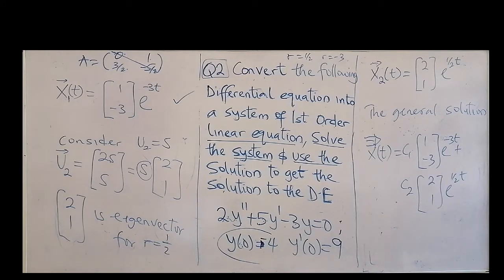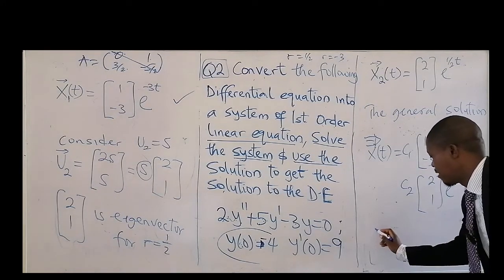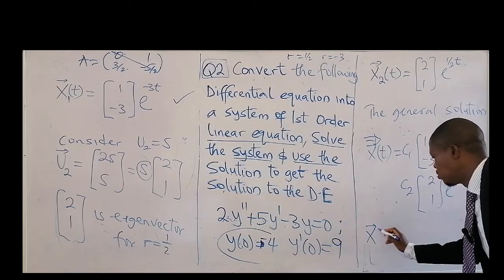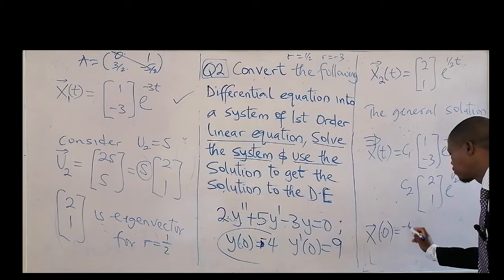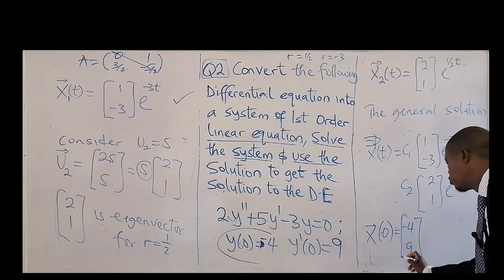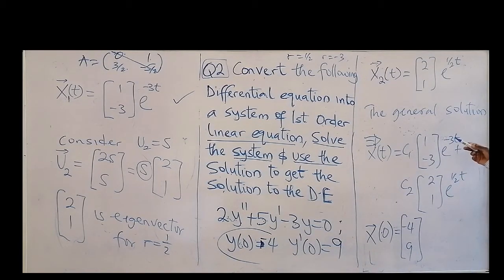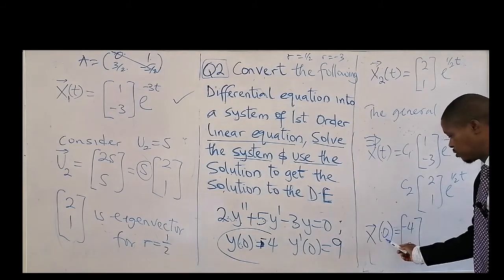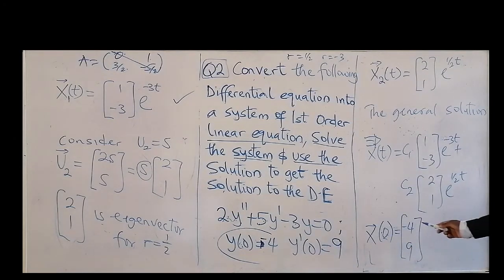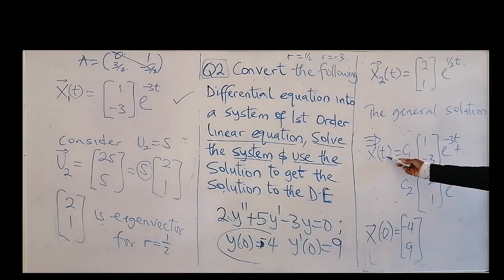So what we're going to do now is go to the data given, which is the function at 0 equal to minus 4, 9. So that's what we're going to use to get C1 and C2. And don't forget this is a function of t, so t is 0, and that equals this value. I'm going to substitute that now.